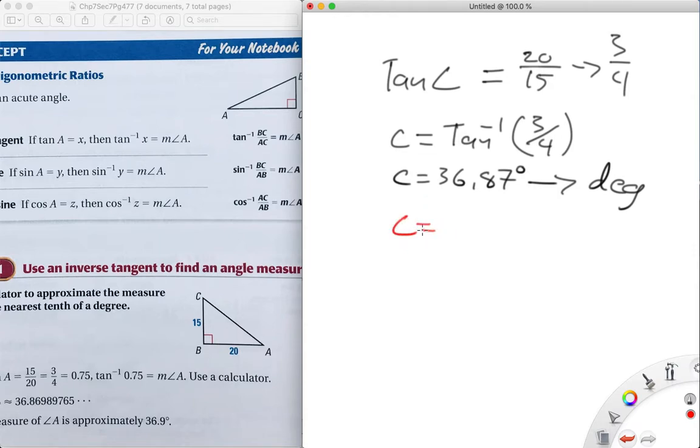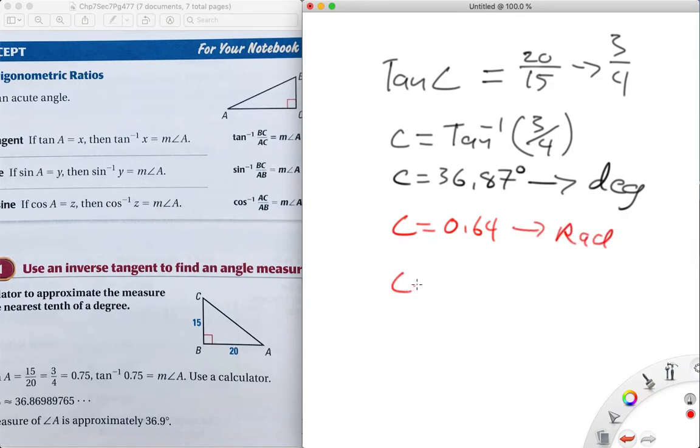If I had C in radians, and I'm going to set it up and put it in radians right now, my answer would be 0.64. This is radians.